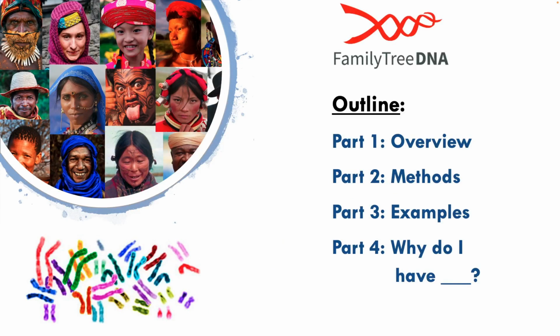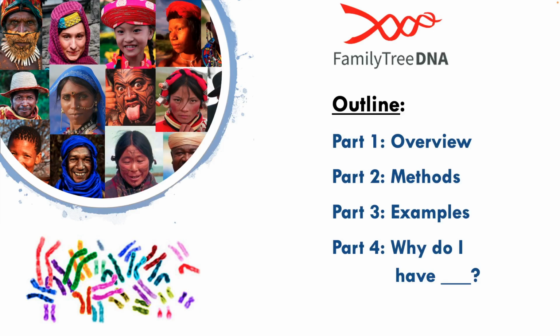This talk is organized into four main parts. The first part is an overview of the tool itself, what goes into it, what it looks like, what the features are. The second part has to do with the methodology that went into choosing reference populations, as well as how the different features are used to estimate your ancestry.